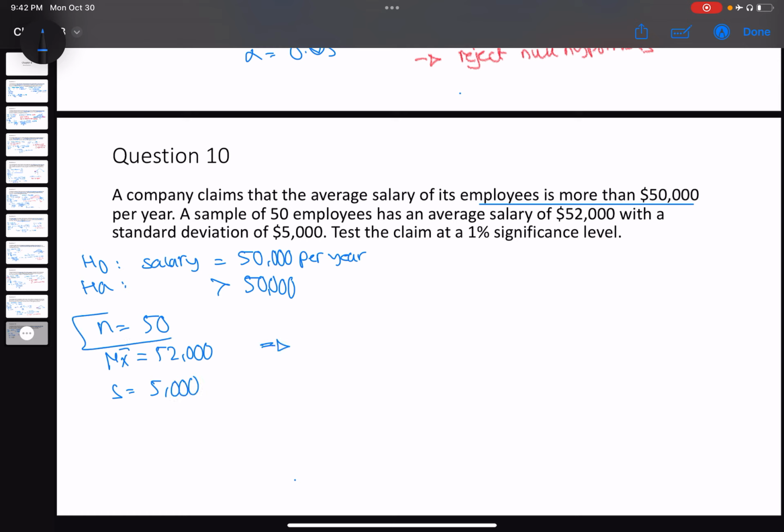Here we have a large sample size. We can test the hypothesis using the Z statistic.